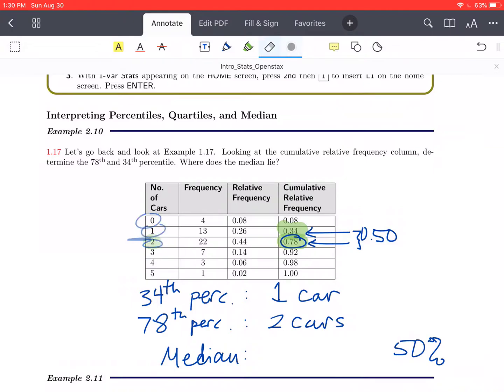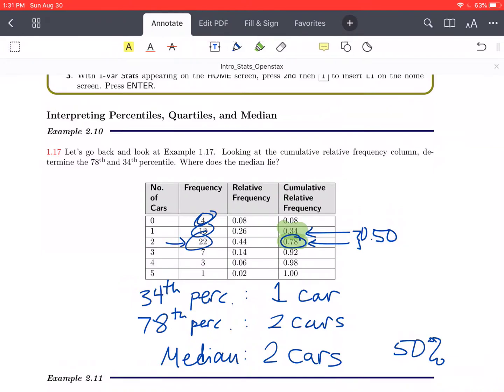The 34 only covers the 1's and the 0's. So this tells me that the median is actually going to be 2 cars. And you just picture, like, if I actually listed these out, I'd list 4, then 13 more, then 22 more. The median is going to be somewhere among those 22. Somewhere among those 22 households is where the median would be, right there in the middle. So we can read these off of frequency tables as well.